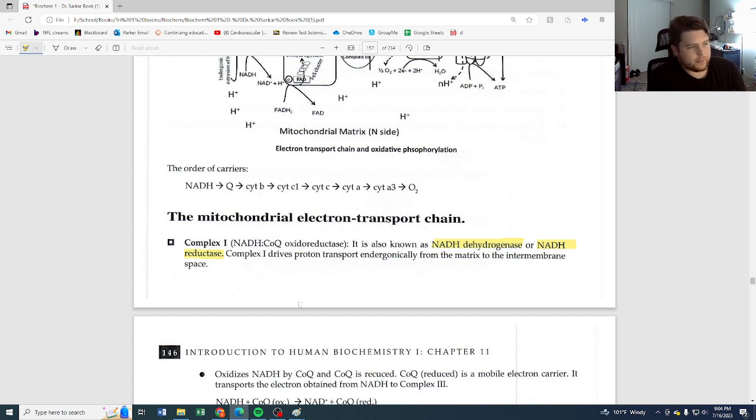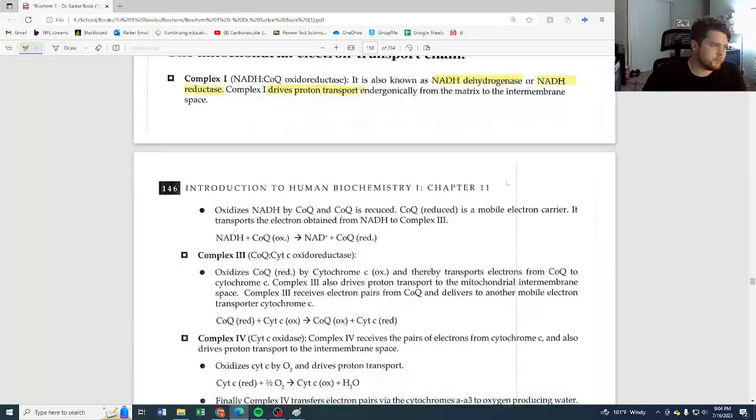Complex 1 drives proton transport endergonically. Remember, think endergonic. Endergonic means that it absorbs energy, from the matrix to the intermembrane space. So it's going to drive proton transport, so it moves hydrogens from the matrix up to the intermembrane space.